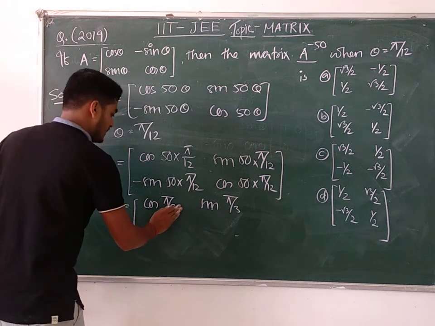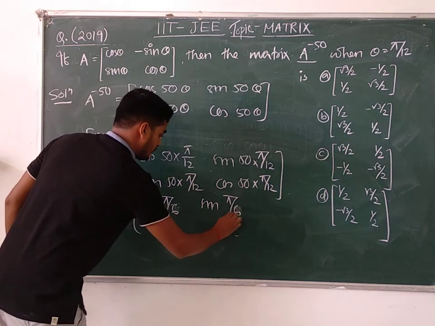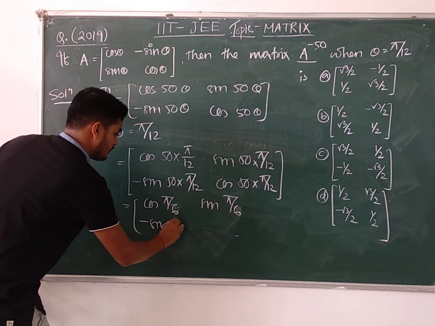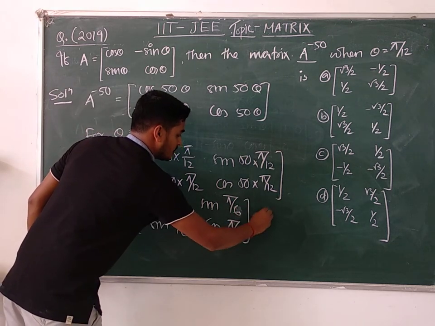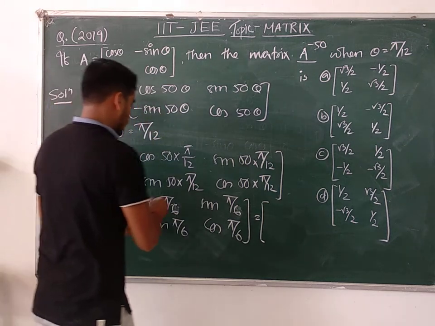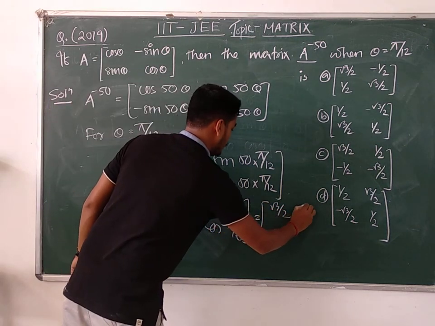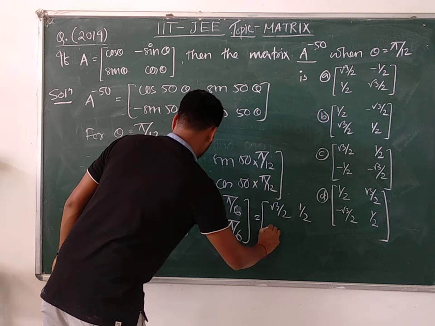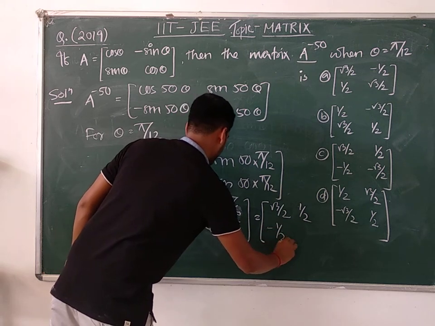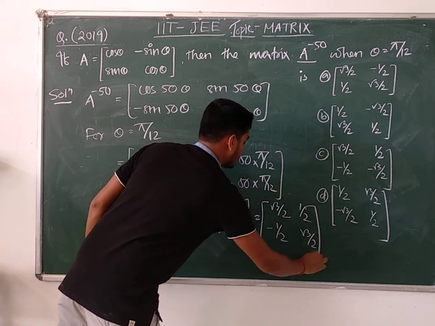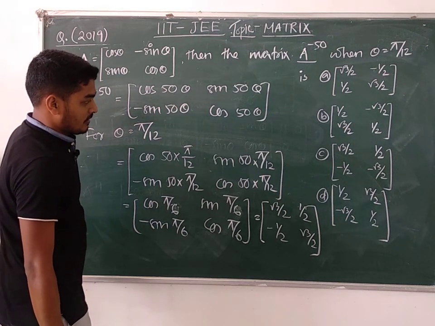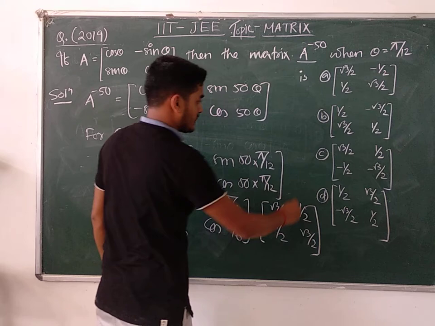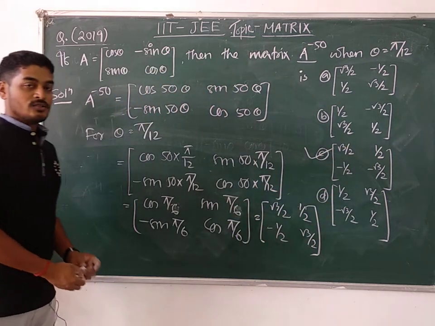Oh sorry, pi by 6. It will be cos pi by 6, sin pi by 6, minus sin pi by 6, then cos pi by 6. Then obviously what are the values? Cos 30 degree is root 3 by 2, sin is half, minus half, and root 3 by 2. Which option is correct? Then obviously we can easily identify that this option is correct. Option C is correct. So very simple question.